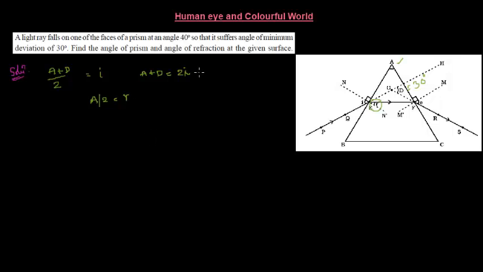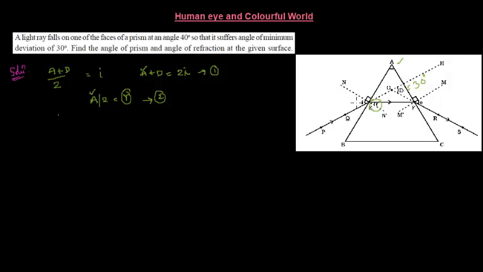From these two equations, this is 1 and this is 2, we can find out the value of A and the angle of refraction from A. Now let us solve this problem.